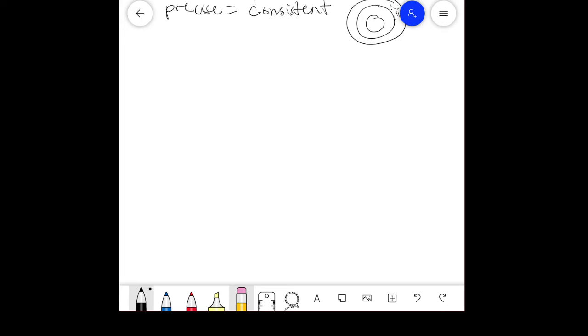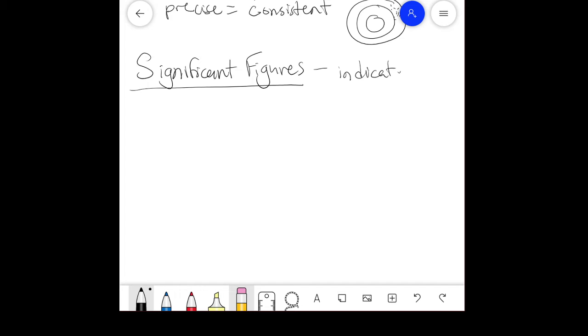So significant figures indicate the accuracy, again, not how you spell that word, of a measurement. There are many rules that go with sig figs.